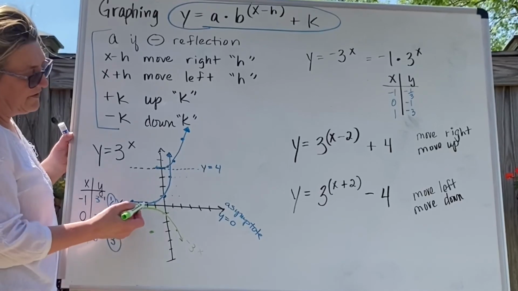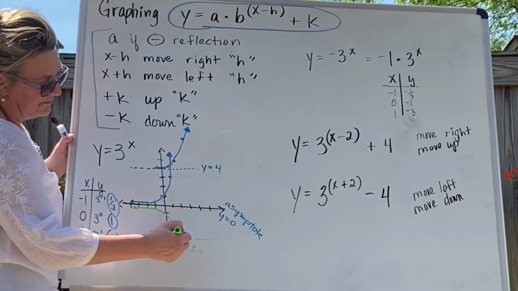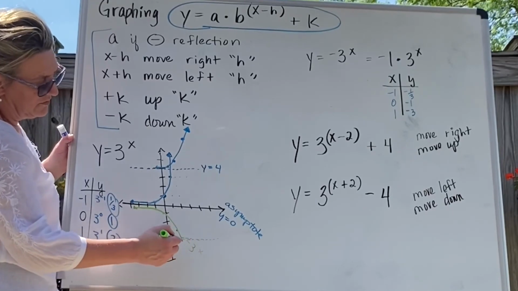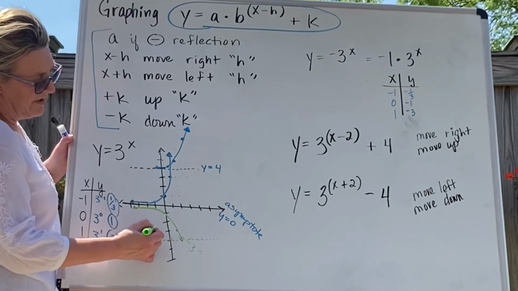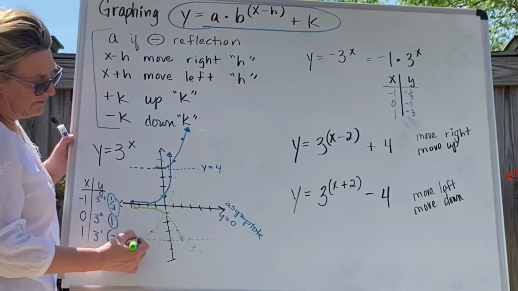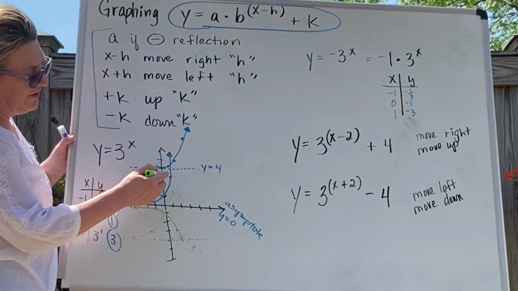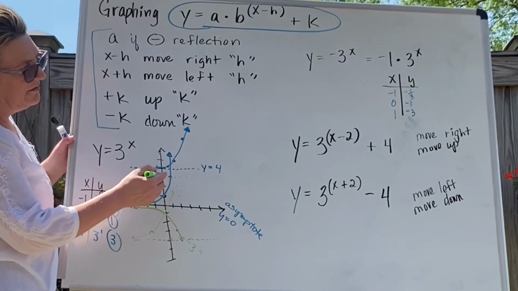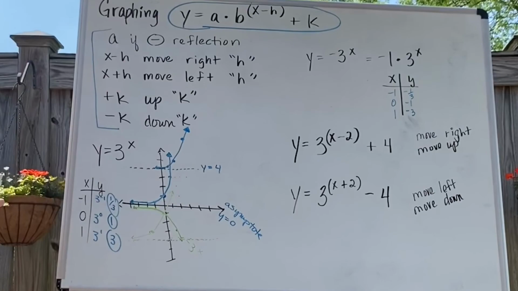I'm also going to have to move the asymptote down 4. Oops, sorry, I'm trying to do this sideways. And so my graph looks like this. I would take each one of the points from the parent graph and count them left 2 and down 4. And that would be the shift to the last graph.